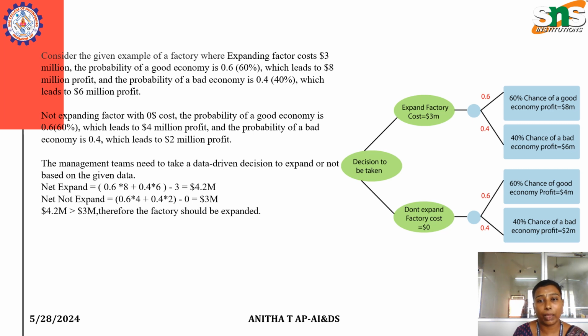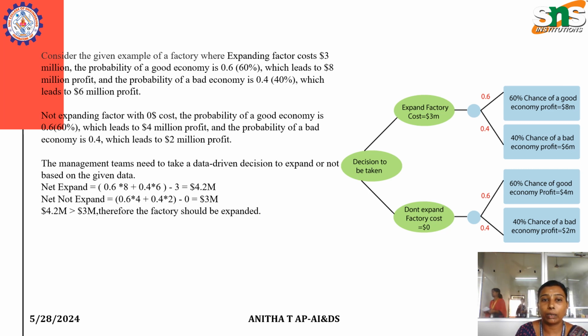Consider the given example of a factory where expanding the factory costs $3 million. The probability of a good economy is 0.6, that is 60%, which leads to $8 million profit, and the probability of a bad economy is 0.4, which leads to $6 million profit.